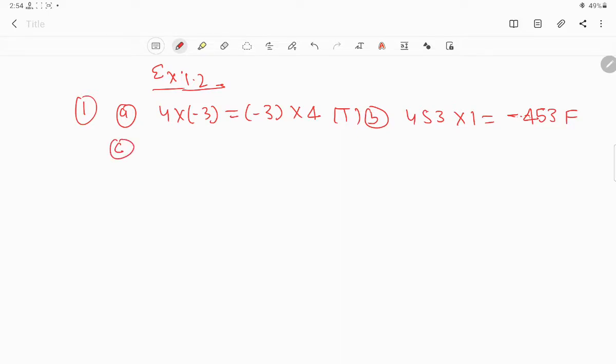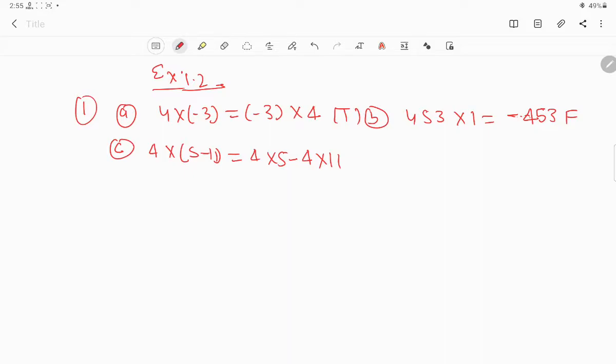C: 4 into (5 minus 11) is equal to 4 into 5 minus 4 into 11.